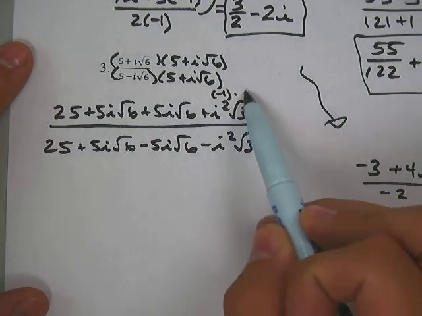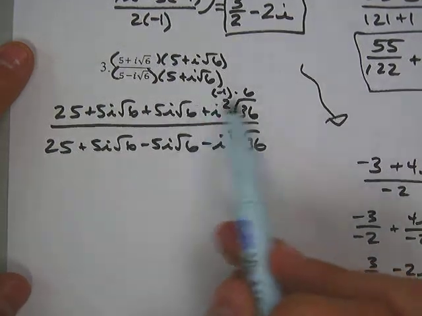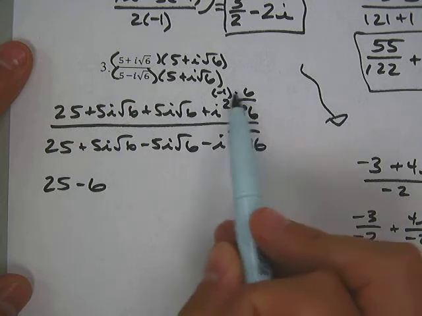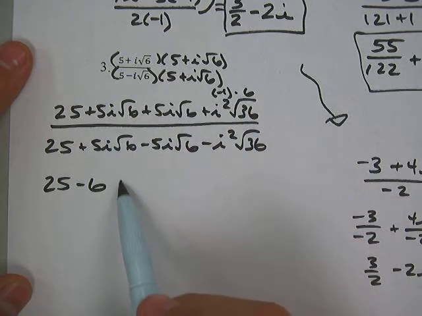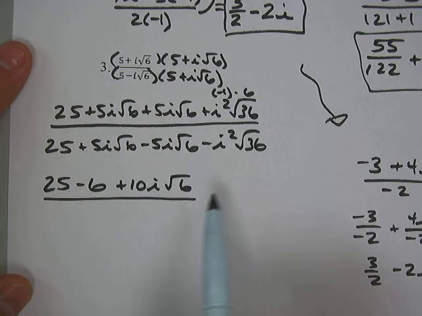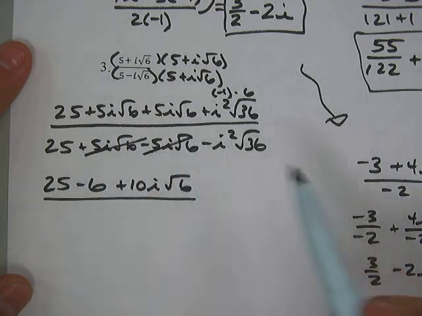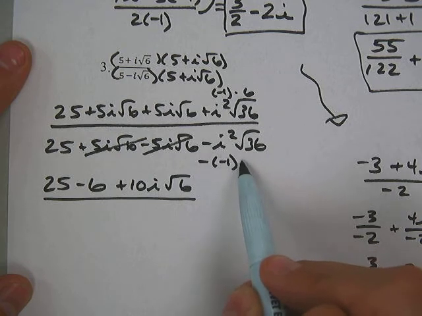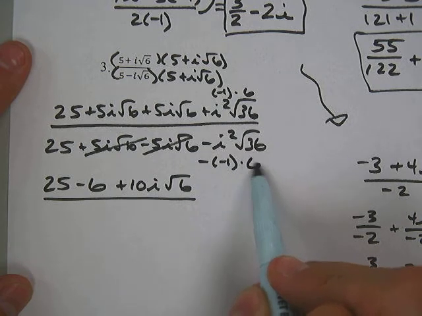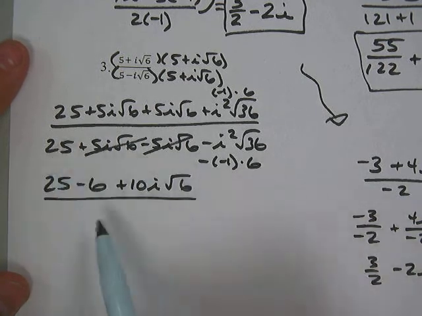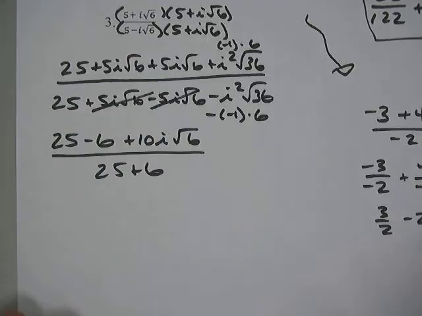So let's simplify a bunch of stuff. Up on top, I know that i squared is negative 1, and root 36 is 6, so that'll be negative 6. So I'm going to get 25 minus 6, and then I can combine those. Down in the bottom, these go away. Again, I get minus negative 1, because i squared is negative 1, and the square root of 36 is 6, so it becomes plus 6.